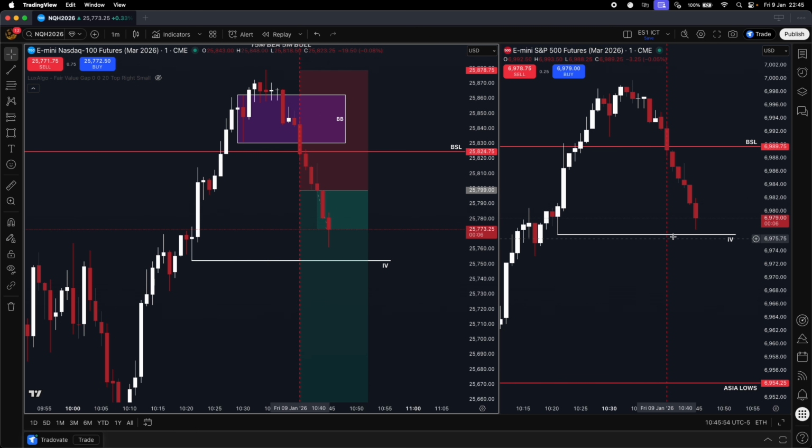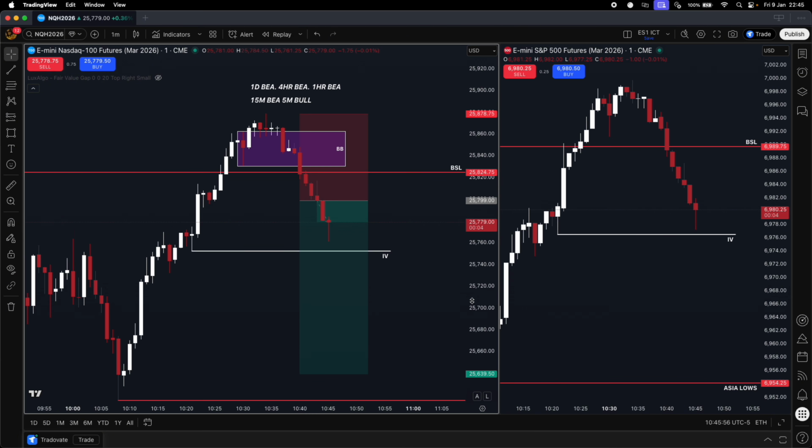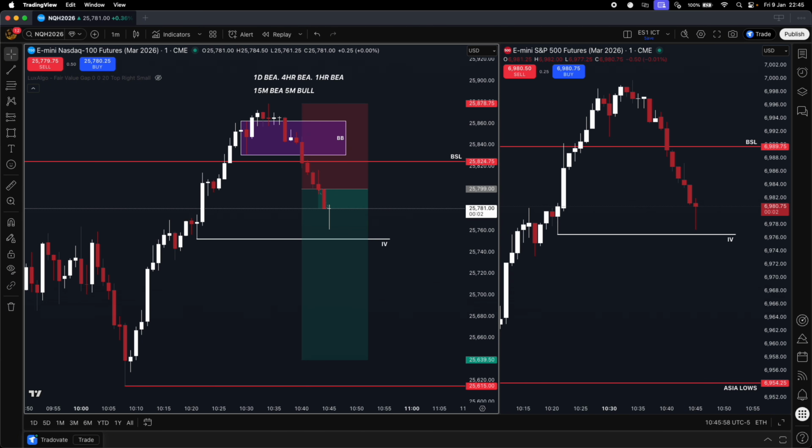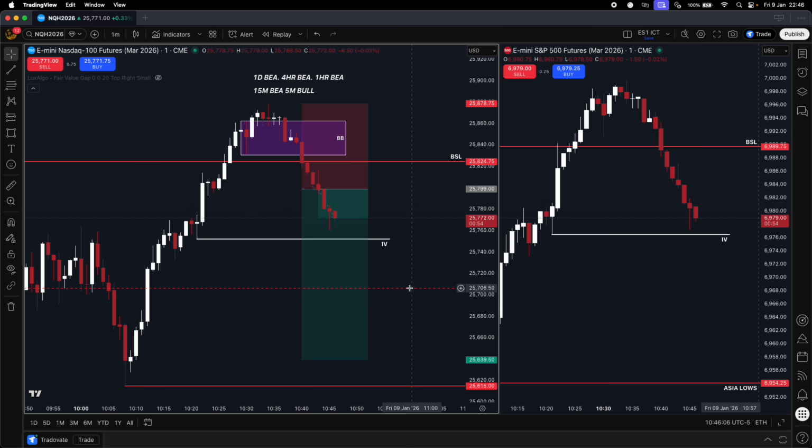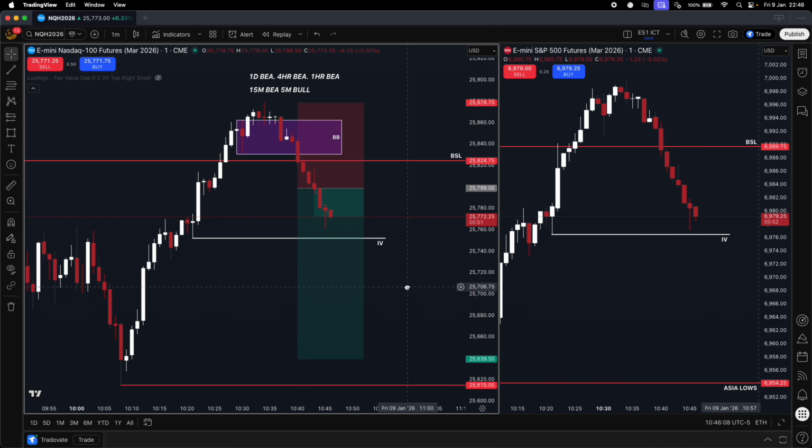So if ES takes the invalidation low, then I'm not looking to take a position. So this would be a 2 micro size for a $300 risk, and then 4 micros for 600. I'm not taking that first presented gap. I won't take that. The minimum is that I'll take this upper gap.